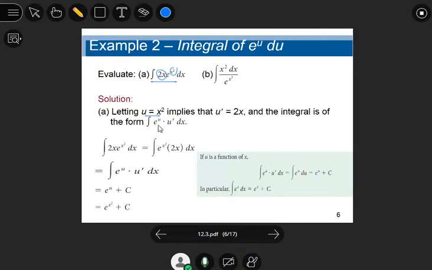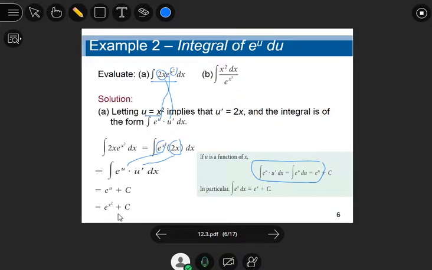So now already you have e to the power u, this one, and u prime, 2x. So we can use this formula, e to the power u times u prime dx. This is e to the power u and this is u prime. So you can write the final integral as e to the power u plus c, and now replace this u with x square.